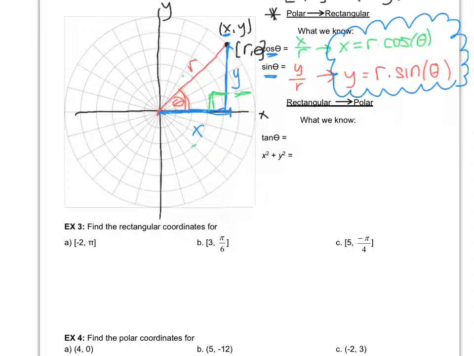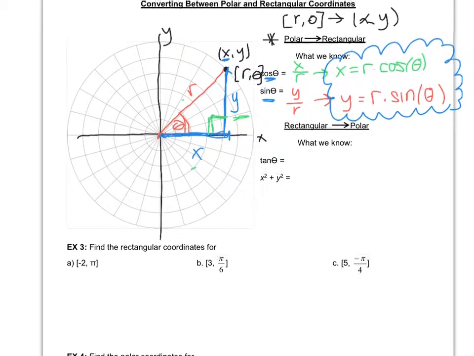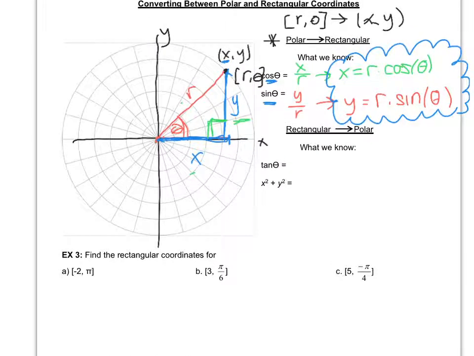So if we think about this right triangle that we formed on the polar graph, we do have some ways to relate these two things. So if we're talking about tangent of theta, that's the opposite side over the adjacent side. That's a quick way to get directly from knowing theta to knowing y and x, because the tangent of theta is always going to be y divided by x.